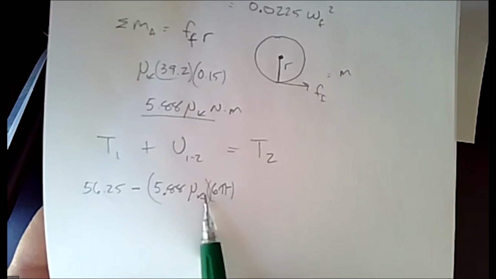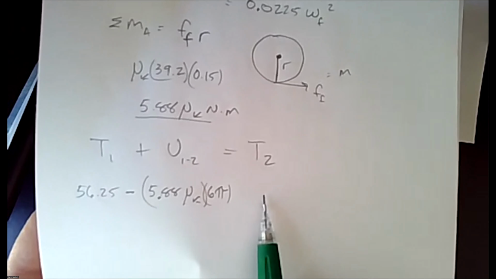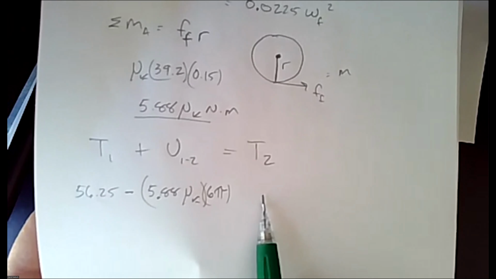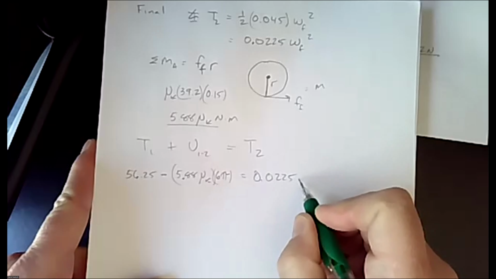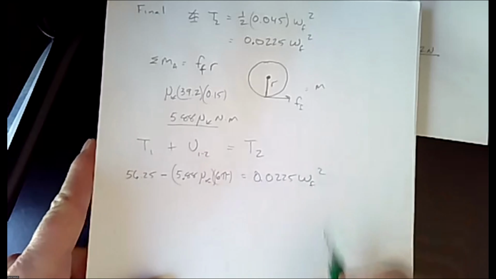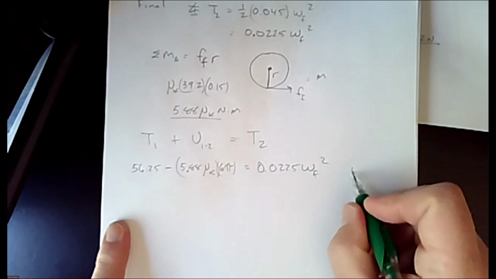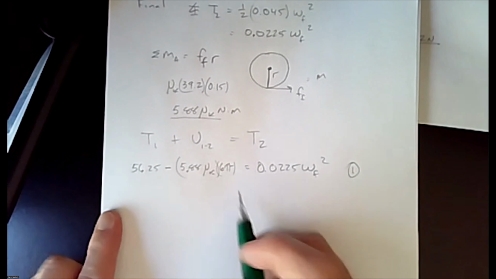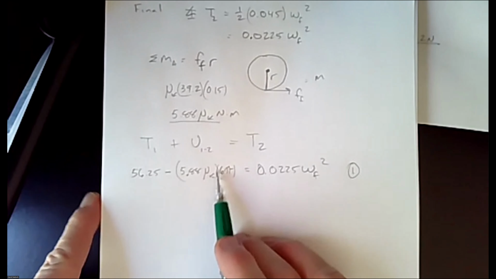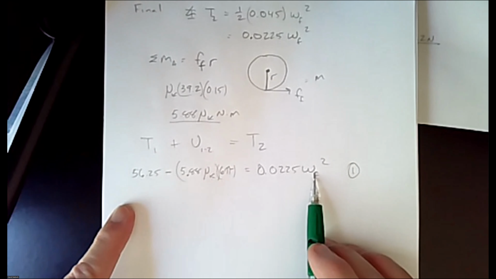So that's going to take away from my final T2, which is just going to be equal to 0.0225 omega final squared. All right. So I have this first equation here, I'll call equation 1, and I have 2 unknowns. I have mu k and omega final.